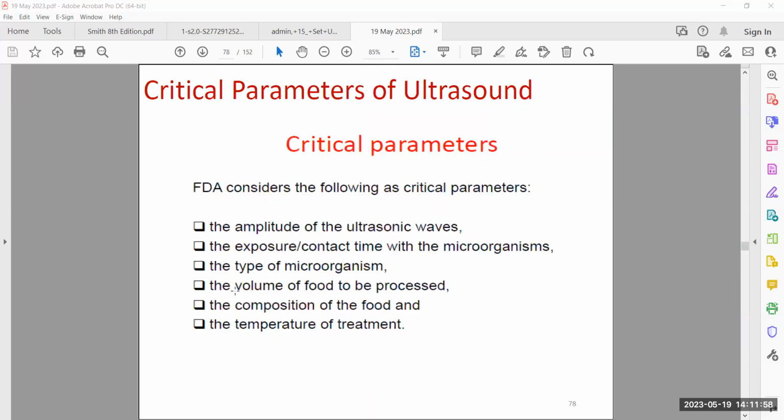So the critical parameters, again, are the amplitude of the ultrasonic wave, the exposure or contact time with the microorganism, the type of microorganism, whether you are dealing with gram-positive or gram-negative, the volume of the food to be processed, the composition of food, and of course the temperature of treatment.